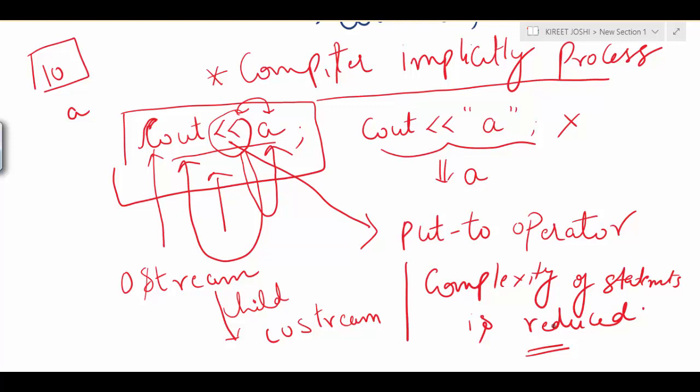It's not that we can't use printf in C++. We can use printf also in C++ because C++ is a superset of C. It is backward compatible and contains all the library files that are in C also. So this must be clearly understood.